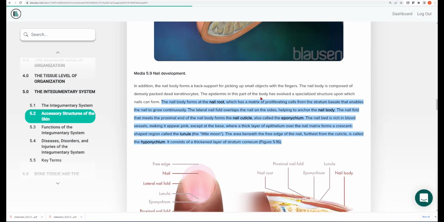I do want you to know, though, that what forms the hardness of your nails is keratinocytes. The same protein that produces your hair, keratin, is also the main protein that forms and is the foundation of your fingernails.